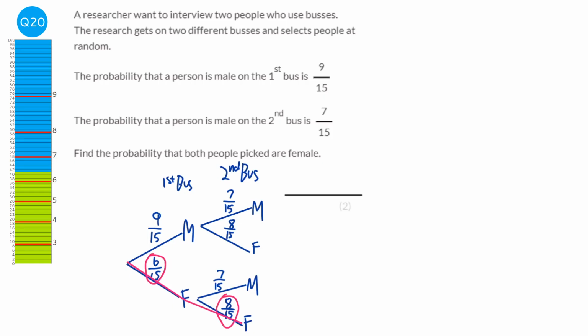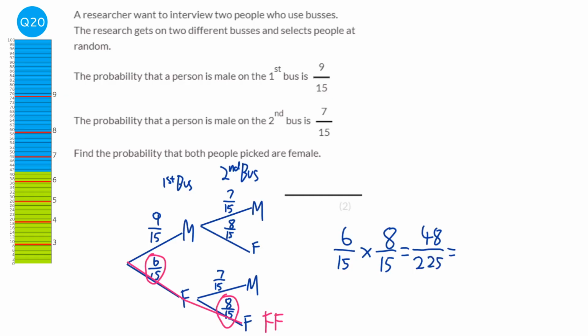The word and in probability means times. So whenever you're finding the probability of getting to an outcome, so this outcome will be FF, because they're both female, you are multiplying the fractions that you go across. So it would be 6 over 15 times 8 over 15. So 6 times 8 is 48, and times the bottoms, 15 times 15 is 225.